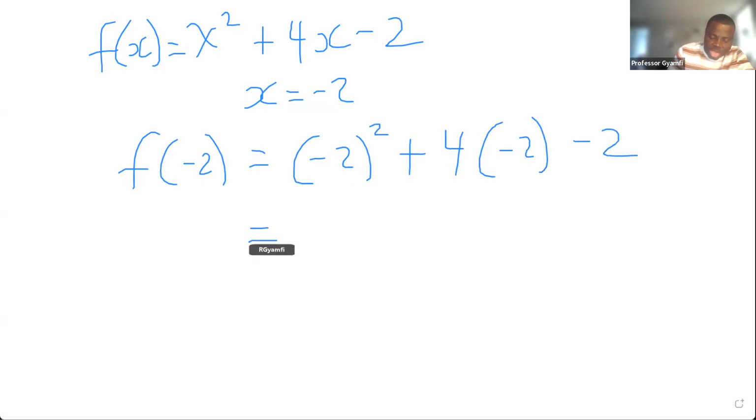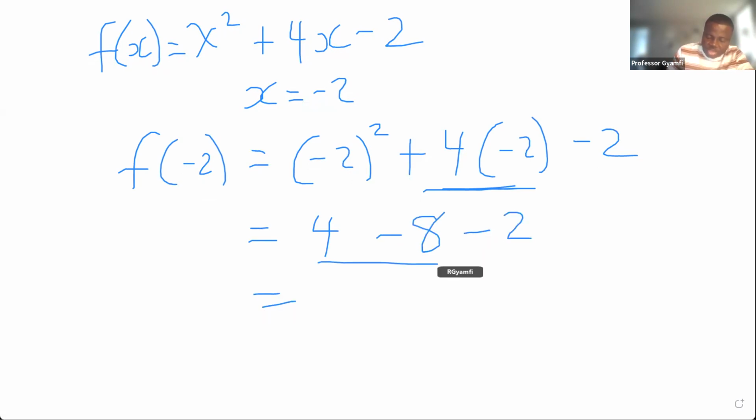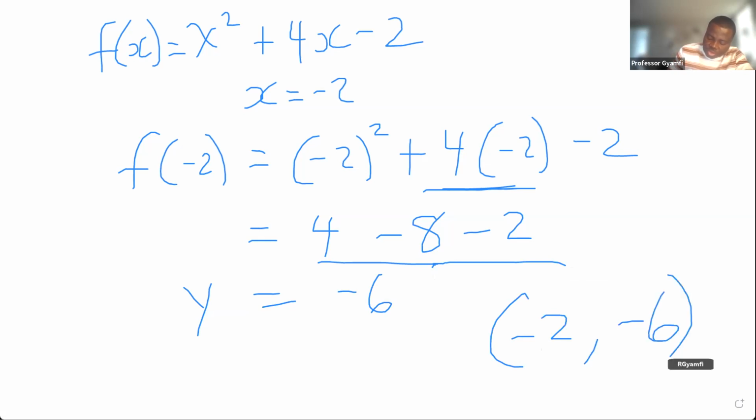Now, negative 2 times negative 2 is positive 4. Positive 4 times negative 2 is negative 8, minus 2. So 4 minus 8 is negative 4. Negative 4 minus 2 is negative 6. So this is my y value. So when x equals negative 2, y equals negative 6. This is my vertex.